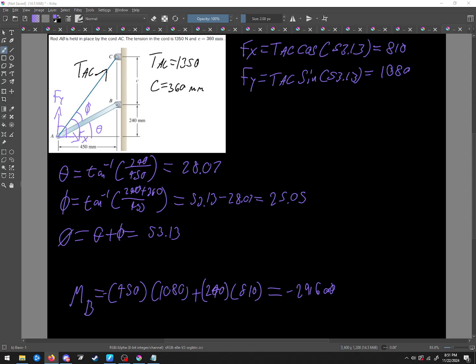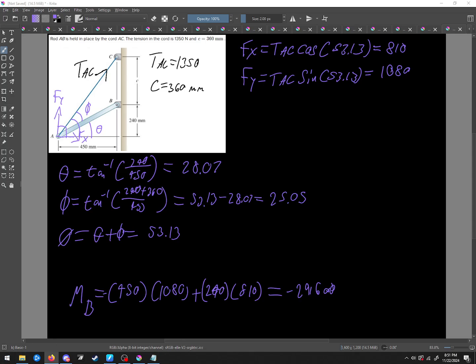Oh! Something's really wrong. They want this in Newton meters, and everything's in millimeters. So let's do 1.08 and 0.810.